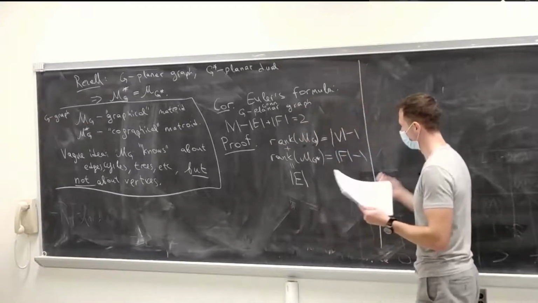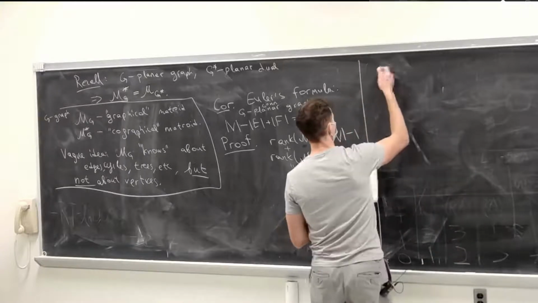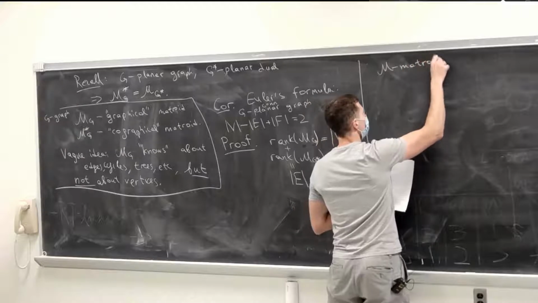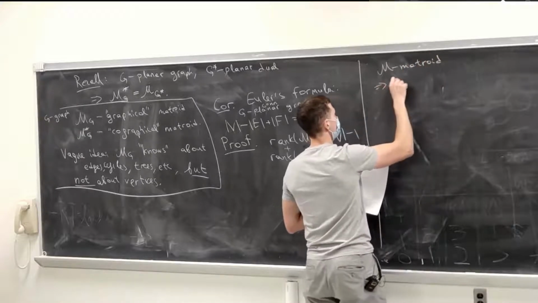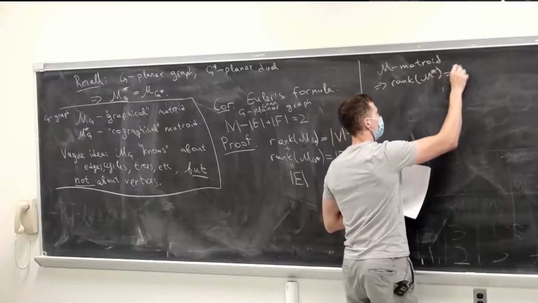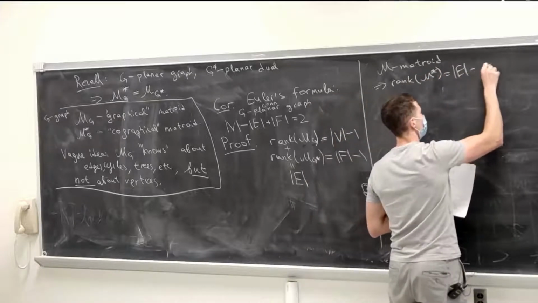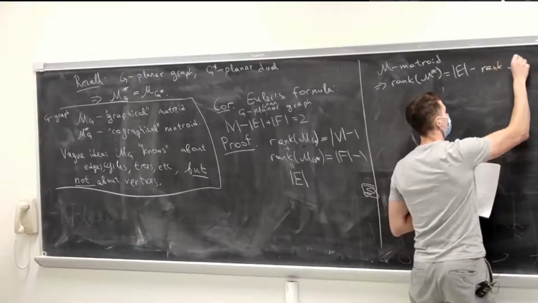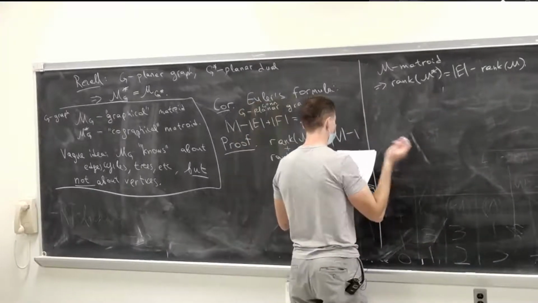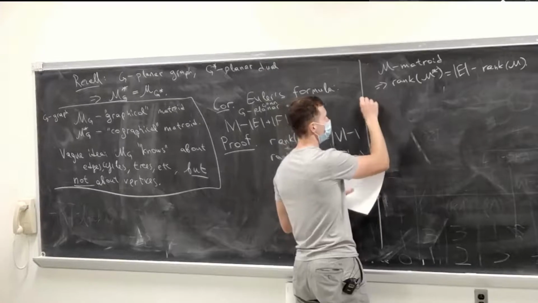All right. As we mentioned here, in general, if M is any matroid, then the rank of the dual is the size of the ground set minus the rank of your original matroid. Now I want to talk about vector configurations.